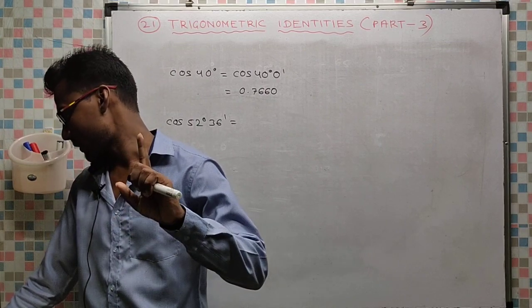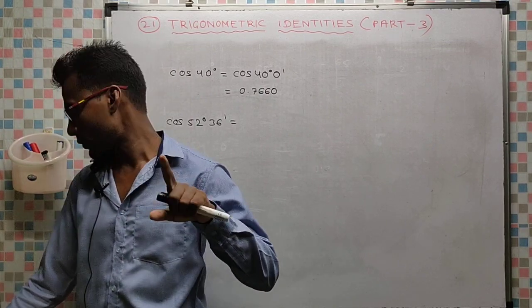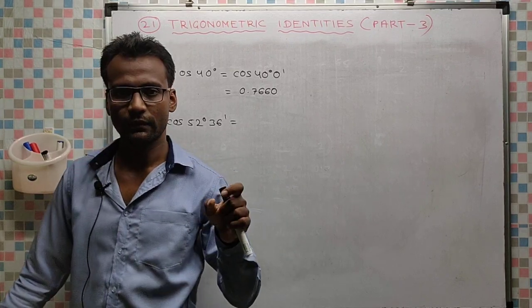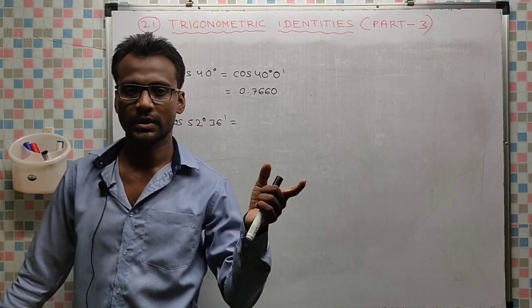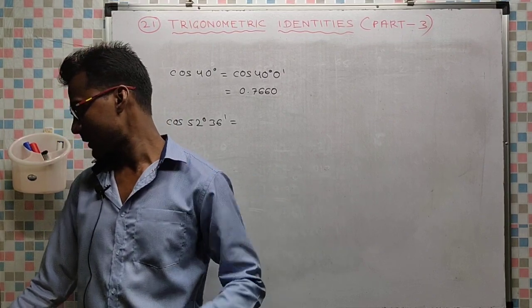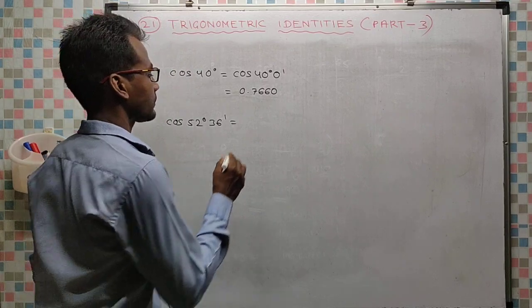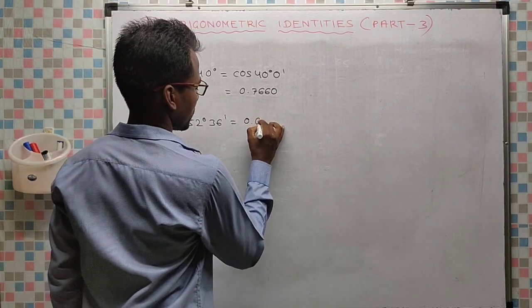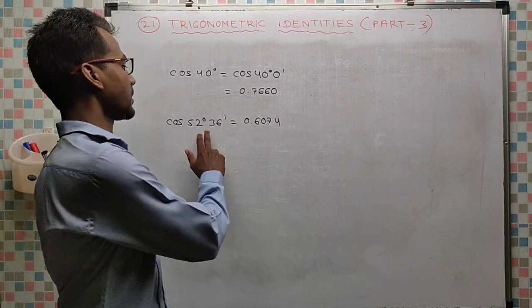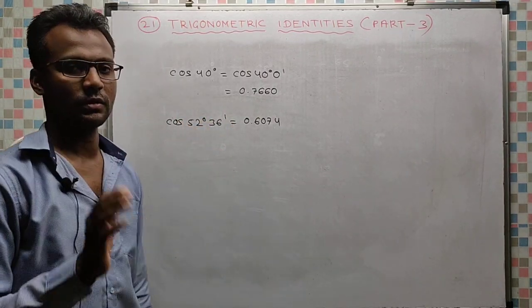The value is 6074. Now check 0 minutes first to verify whether there is any value before the decimal sign. There is no value, so it is simply 0.6074. So cos 52 degrees 36 minutes is equal to 0.6074.